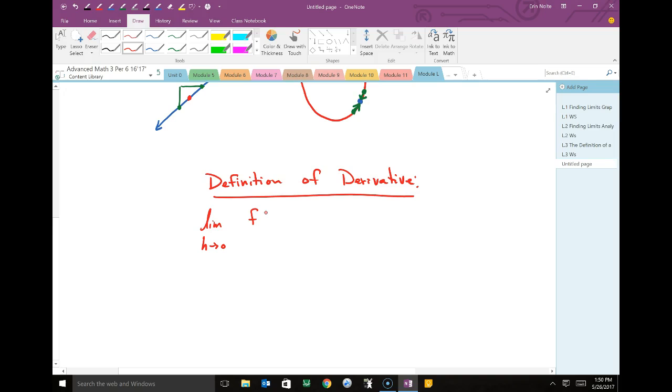It's going to be the limit as h approaches 0 of f of x plus h minus f of x, all over h. This has basically been derived from your change in y over change in x. They've simplified it to make it a little bit easier. I could go over the in-depth part of where this comes from, but I have a feeling you are going to trust me on it.